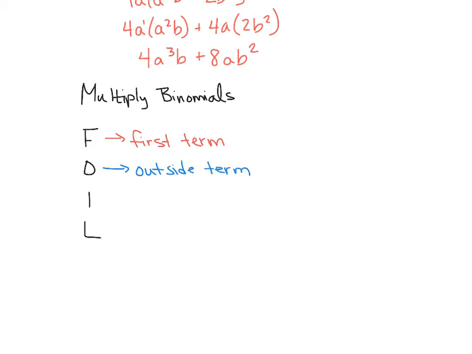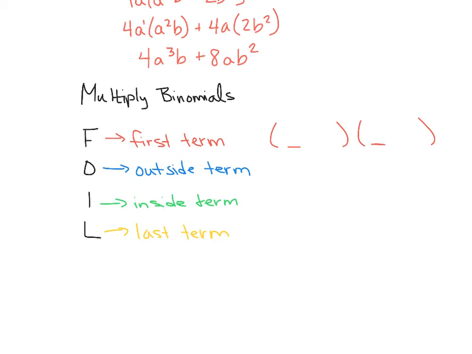The I is for inside term. And the L is for the last term in each set. So I'll show you what these look like. The first term, if you had 2 sets, would be the term here and here.